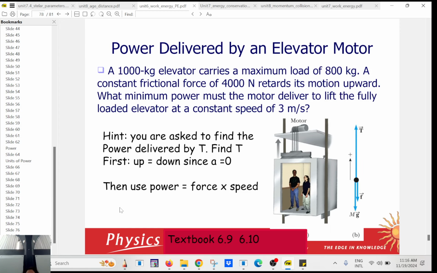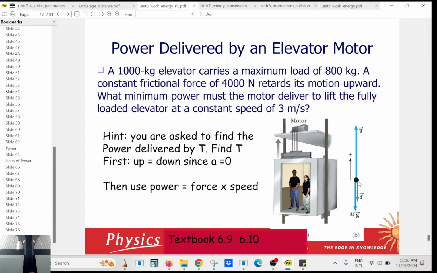Okay, so this one you want to pay attention to before the test. You see, it's an elevator. It could be confusing because they ask you the power, but it's always power delivered by something. It's not the power taken away by gravity or by friction.